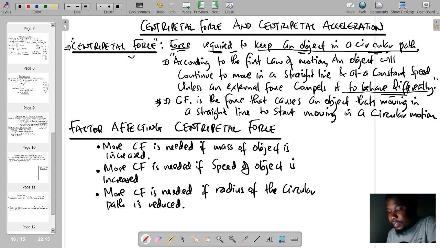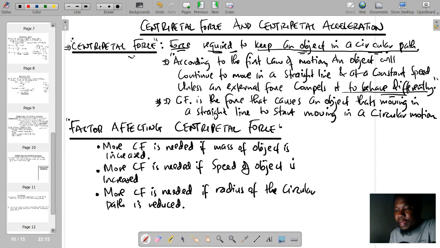Now, factors affecting the centripetal force. Pay attention to this. You have to understand that more centripetal force will be needed if the mass of an object is increased. Is this true? Come to think about it: which one is easier to keep in a circular path, a light object or a heavy object? Imagine a bowling ball moving, and you want to cause it to move in a circular path via a string.